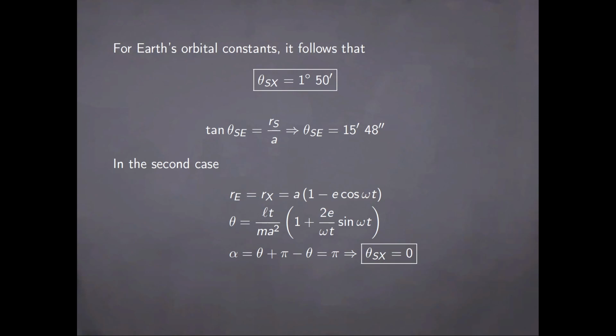At the same time, the apparent angle measured between the center of the Sun and the outer radius of the Sun, as viewed from Earth, can be approximated for this calculation. So the tangent of this angle is simply the radius of the Sun divided by the semi-major axis of the Earth's orbit.